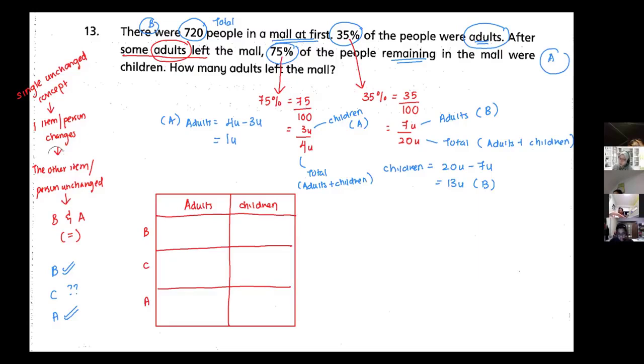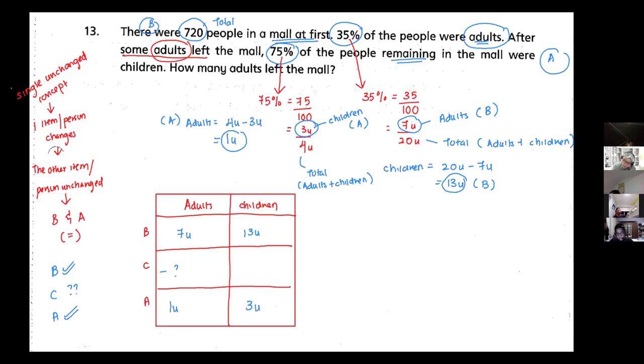So my before adults will be my 7 units, right, write down. Then before children. Before children is my 13 units there. Then I know that my adults left, so minus something. I do not know, so I leave it as it is first. Then I know my after adults is 1 unit. After children is 3 units.